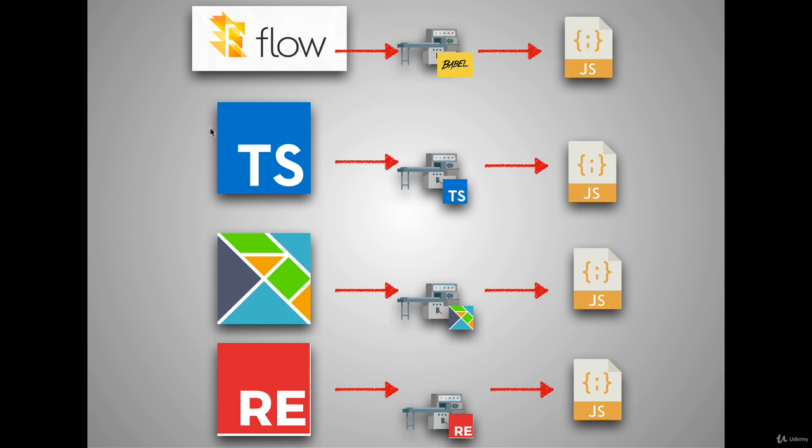So we write TypeScript code, which then gets run through the compiler. And remember, a compiler is just simply a machine that takes an input of some piece of code and outputs a different piece of code. In our case, we're going to convert it from TypeScript to JavaScript that our browsers can read.